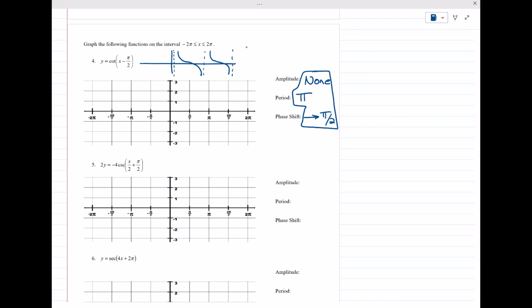The period, we're going to take pi and divide it by 4. So our points are going to be the phase shift, and then we have 4 additional points. We're going to start at pi over 2 to the right, and then we're going to just keep adding pi over 4 to it.